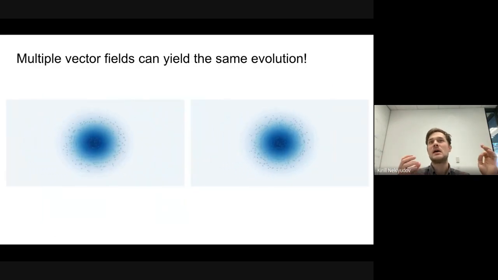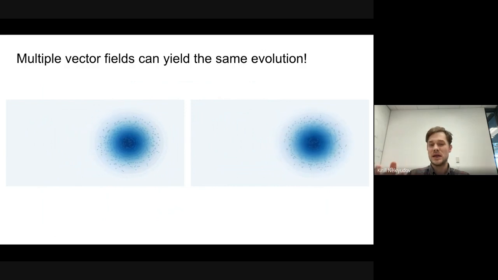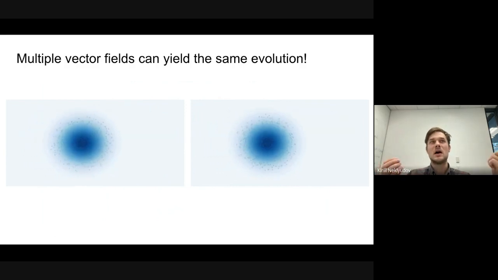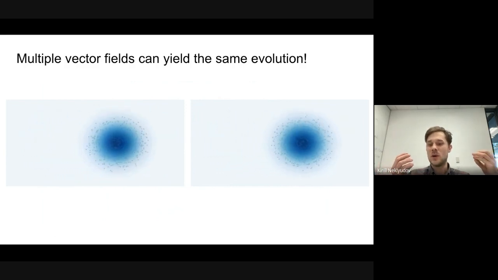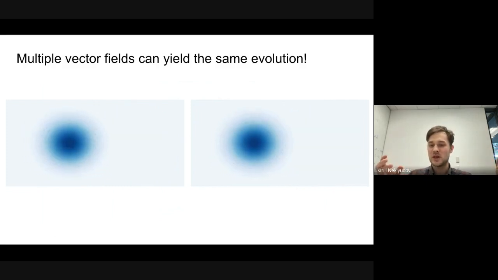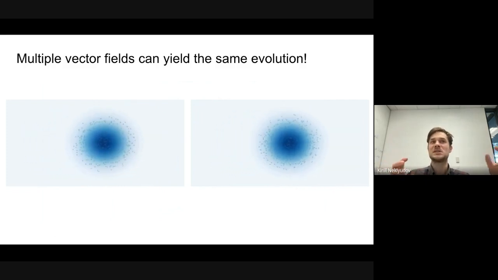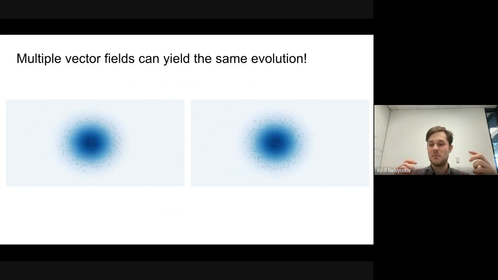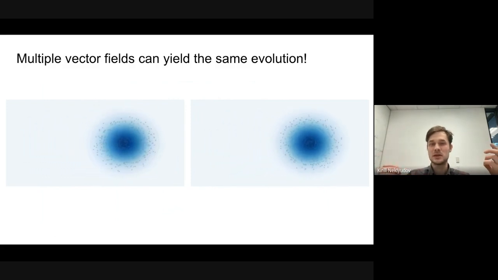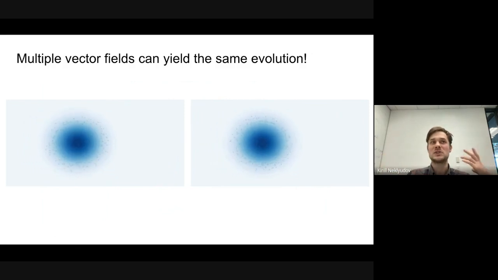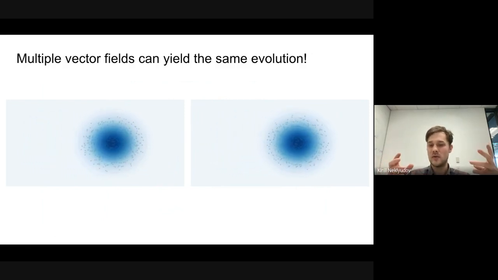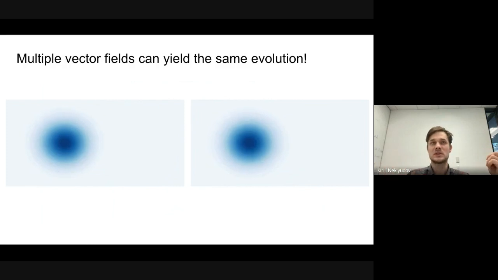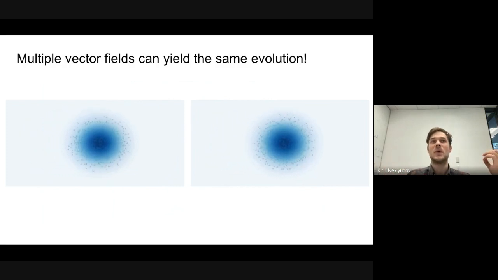And the key insight here is that just from observing the histogram of samples, we cannot really tell what's the vector field guiding it, because there might be many options, and we should somehow narrow down the family of the vector fields that might be doing this.